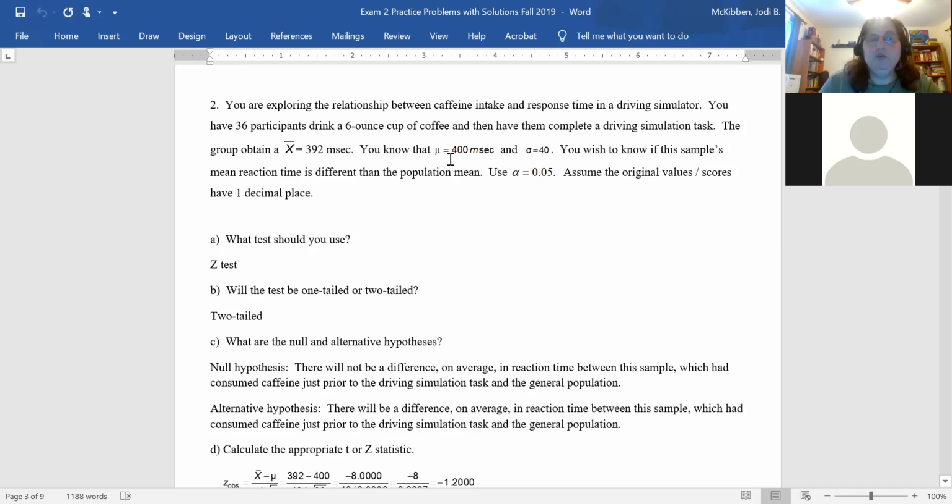You know that mu, the population mean, is 400 milliseconds, and sigma equals 40. So this sigma, again, is what? Population standard deviation. A form of population variance, z-test. You see some form of sigma in there, you've got a z-test.